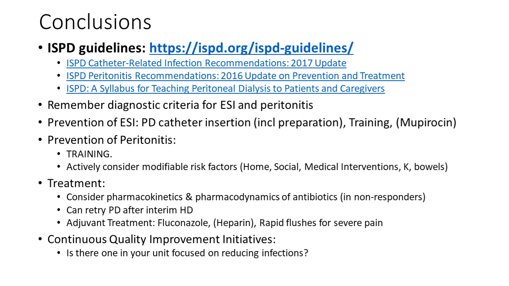But probably most important, if you want to really help our patients and improve the PD program, is just to make sure that every year you have some sort of continuous quality improvement program going, focused on reducing infection rate. And I ask you, do you know what yours is in your unit? When was your last CQI focused on infections in your unit? And shouldn't we always have one ongoing?